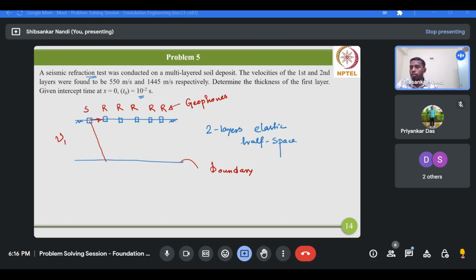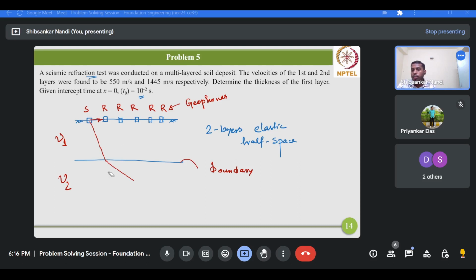Suppose the velocity of the upper layer is v1 and the lower layer is v2. Some of this stress wave or energy will try to reflect in the upper layer, some will refract into the lower layer, and some is already going directly from source to receiver. So some part will be reflected and some part refracted at the boundary.